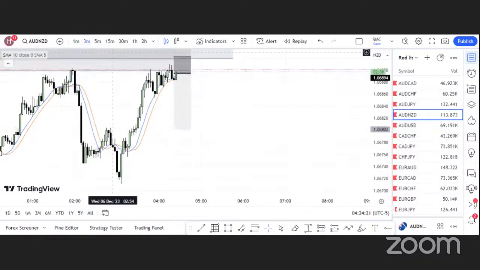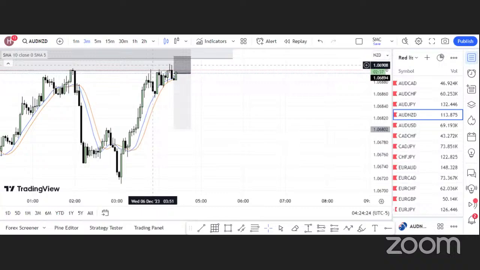Okay. So now what I want to see here is a rejection to the downside for a confirmation. Once we get the rejection here, we are placing our sell immediately. This is good. You see, the market stopped.